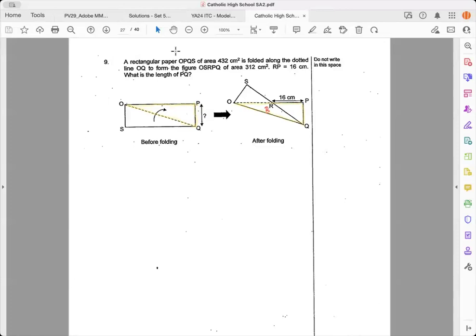If I call this B, and I call this A, this will be A plus B. Agree? Then this will also be A plus B because it's half. This will be A. Any question?